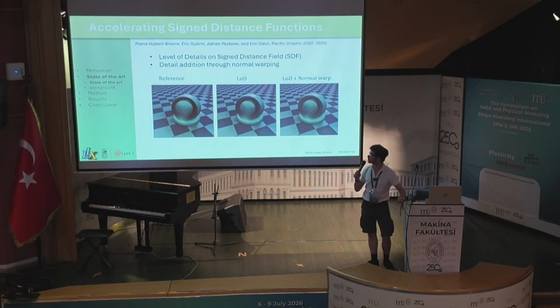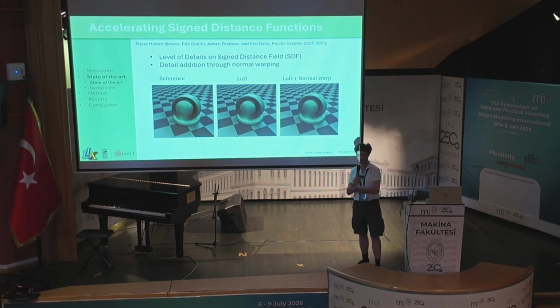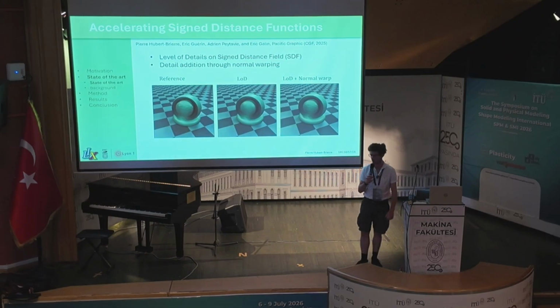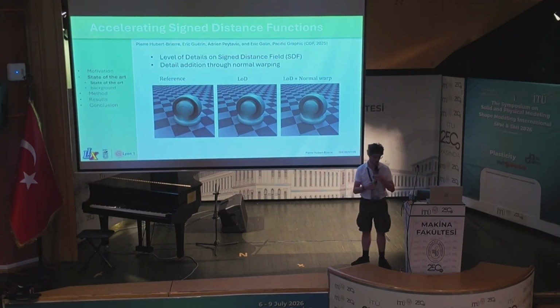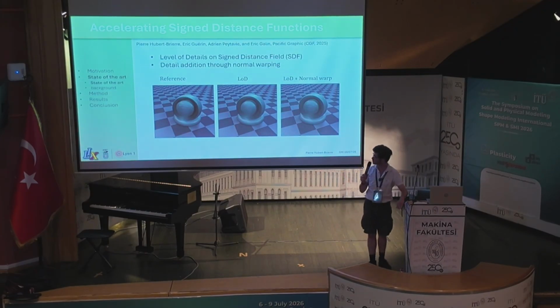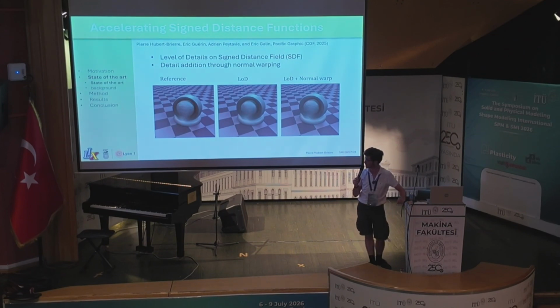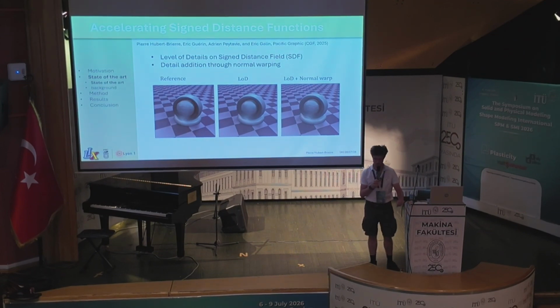Later on, normal warping was introduced, which adds back the details on the smoothed surfaces, taking care of the transition, because if you don't really see the transition, there's no need for transition anymore. However, the levels of detail still needed to be computed by hand, so that's quite tiring.